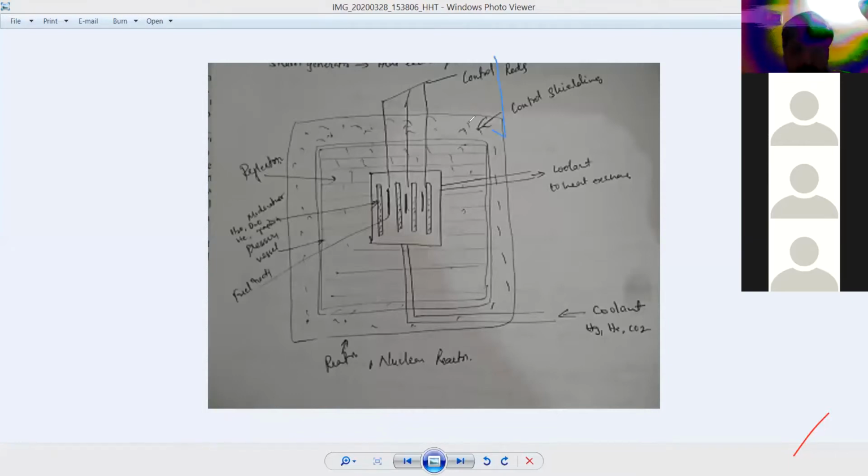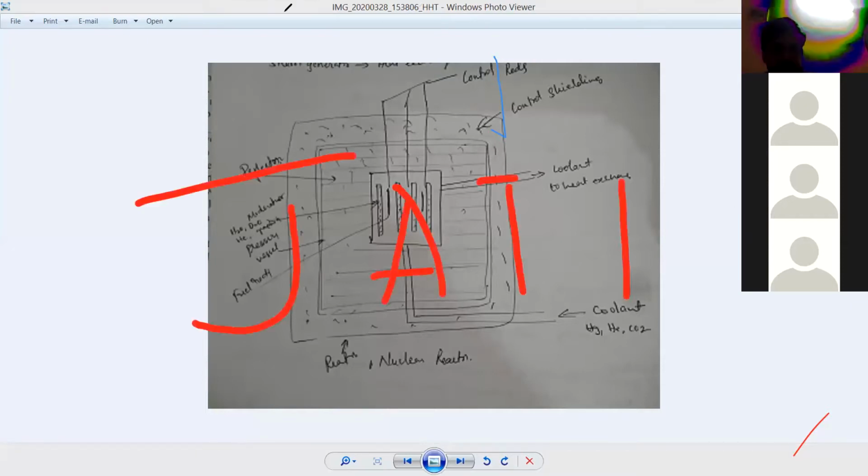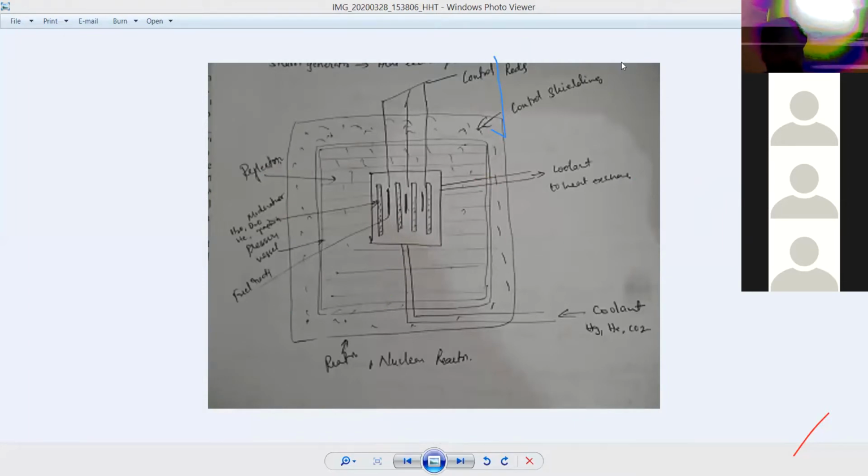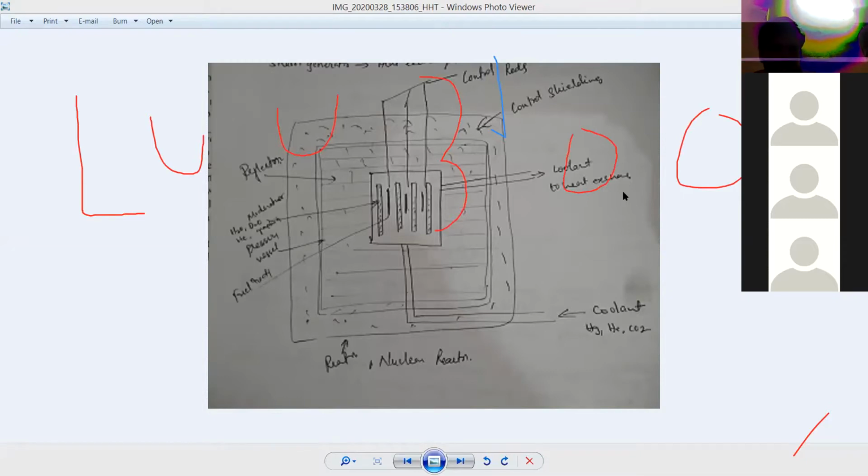Somebody is writing again. Remote control thing.